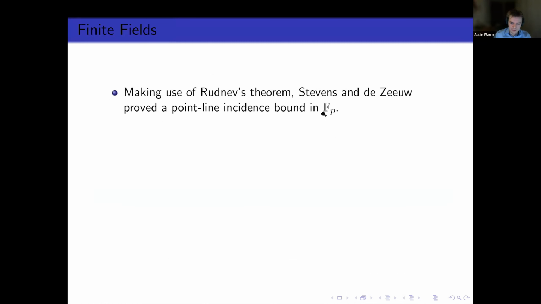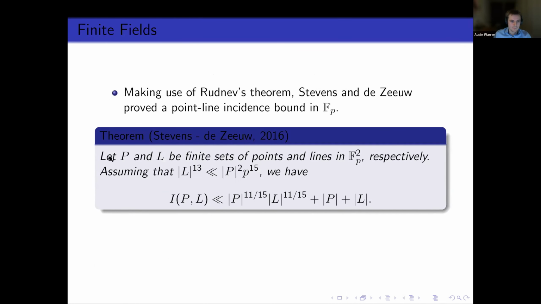So if we focus on just F_p, we have this theorem of Stevens and de Zeeuw. What it says is if we have a set of points and lines in F_p squared, and we have some restriction in terms of the sizes of the point and the line sets, then we get an upper bound for the incidences.